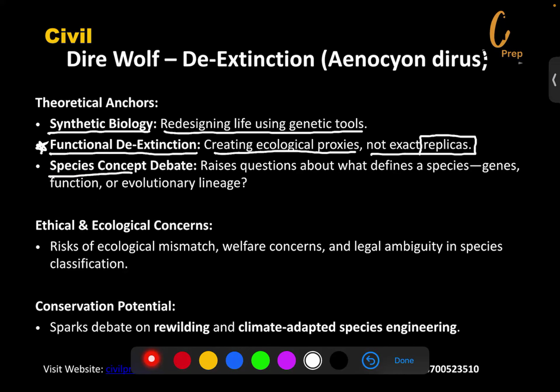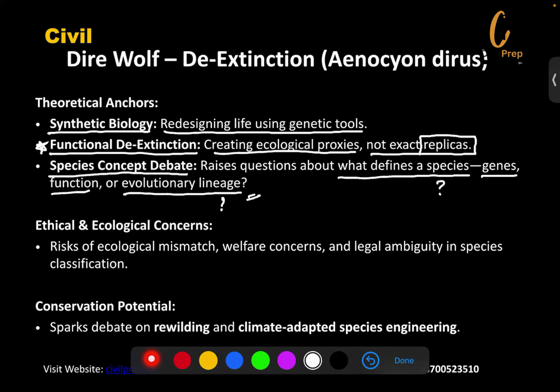Further, the species concept debate raises the question about what defines a species: genes, functions, or evolutionary lineages. So this is an important part where we see the evolution of species going through various adaptive mechanisms, and what defines the traits, genes, functions, and how a species is defined. This is a concept of debate here.